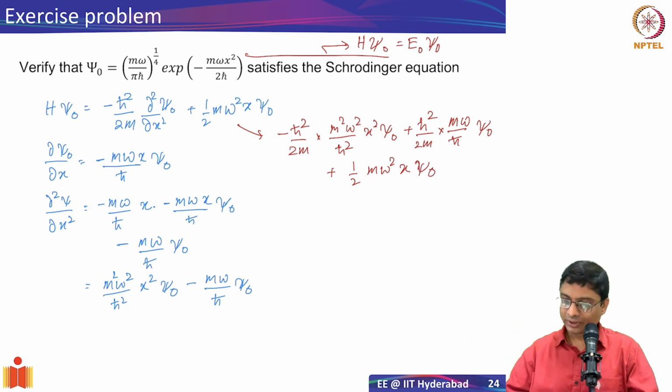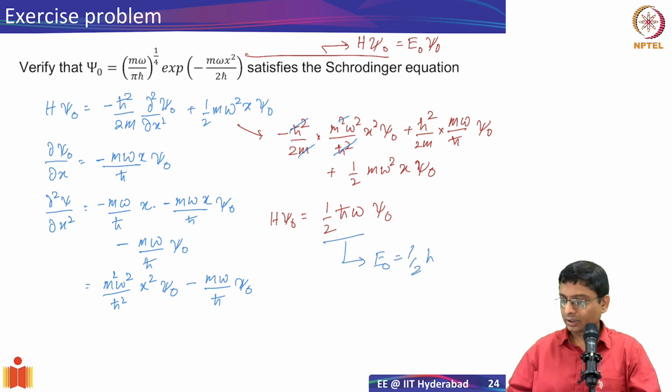If you see this, of course the first and the third terms will cancel. So you'll end up with h cross will go there, m will go, so basically half h cross omega into psi naught. So clearly H psi naught equals this much. This is my eigenvalue E naught equal to half h cross omega. Therefore, the ground state psi naught satisfies the Schrodinger equation.